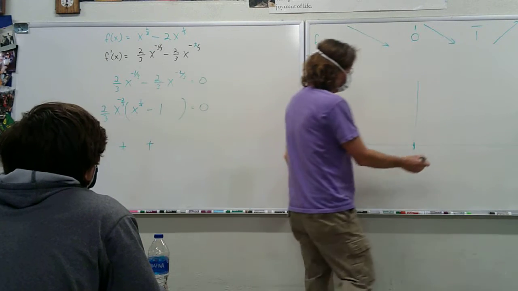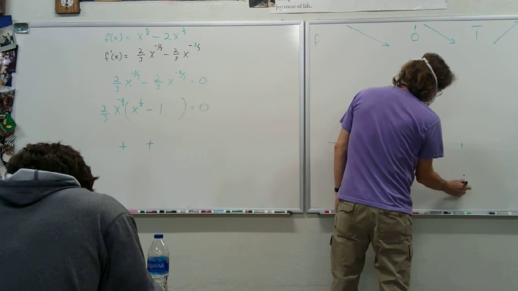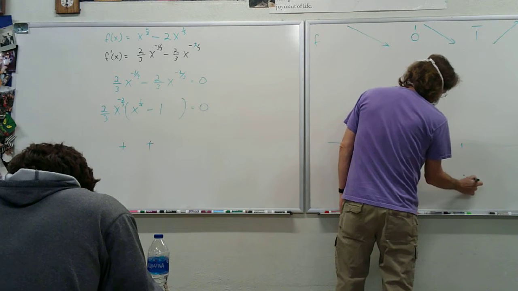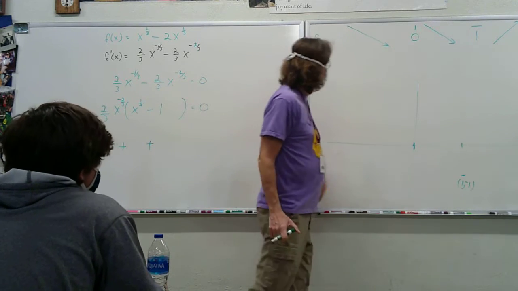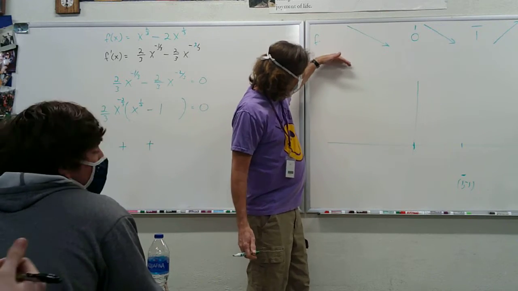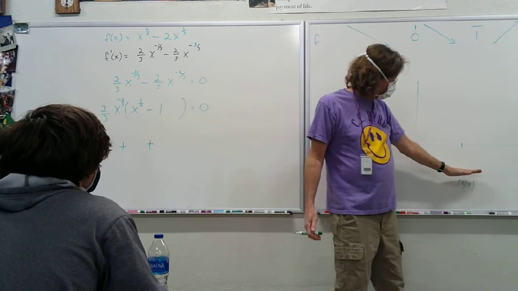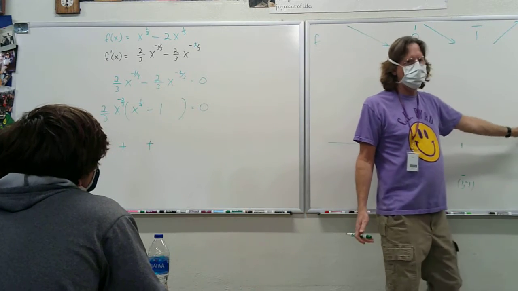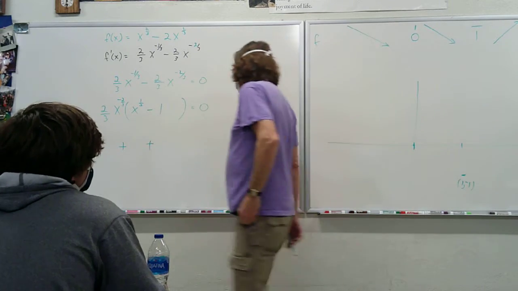So over here at 1, negative 1. 1 comma negative 1. And I know at that point it's going to be going horizontal. So you could probably realize it's going to come in here like this, hit here, come over here, and then go up for the rest of its life.